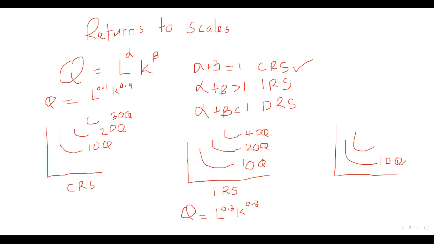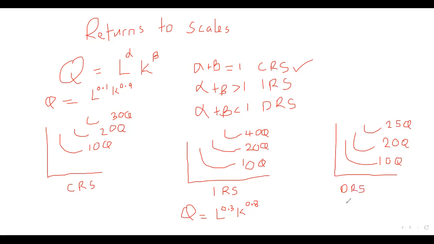Then from 10Q, we go to 20Q. From 20Q, instead of going to 30 or 40, it has increased, but at a decreasing rate. It has gone to 25. So the differences are declining. So this is what we call a decreasing returns to scale.